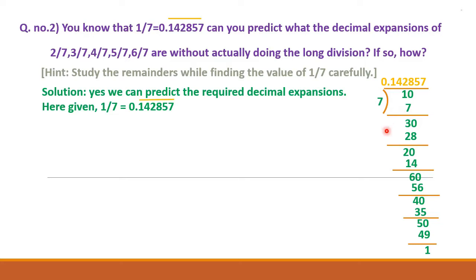So, to obtain decimal expansions of 2 by 7, 3 by 7, 4 by 7, 5 by 7 and 6 by 7, multiply 142857 by 2, 3, 4, 5 and 6 respectively. To get the integral part and the decimal part, we take block of 6 repeating digits in each case.